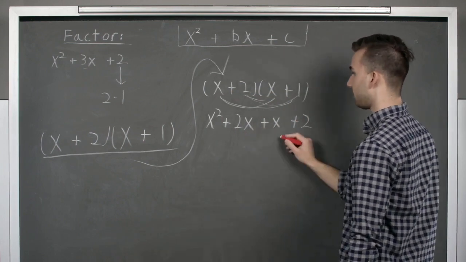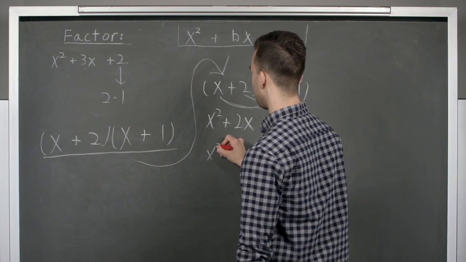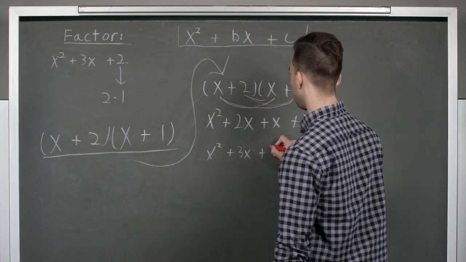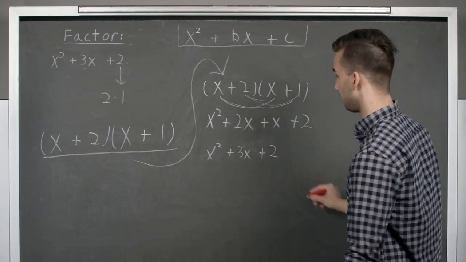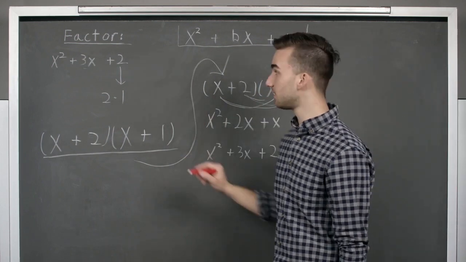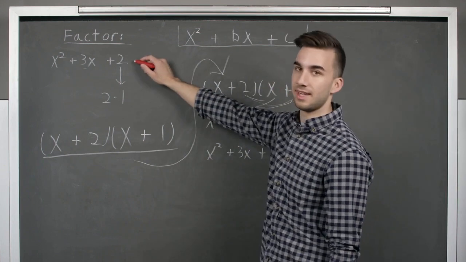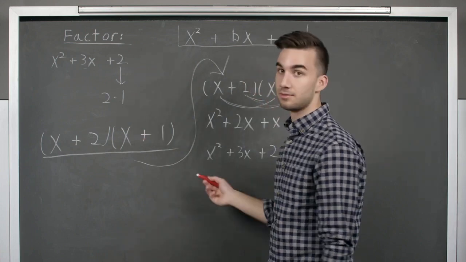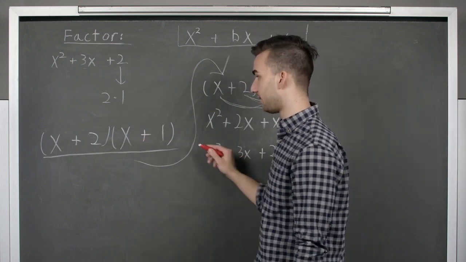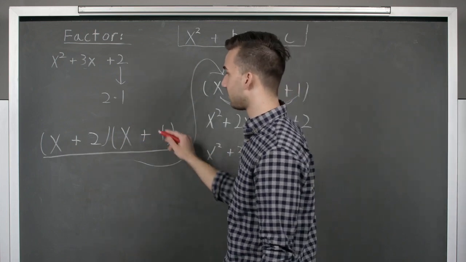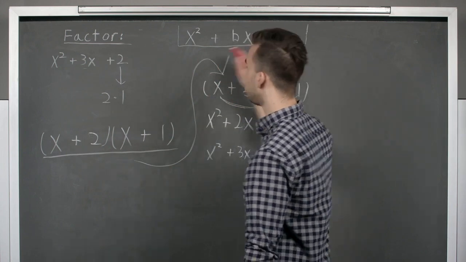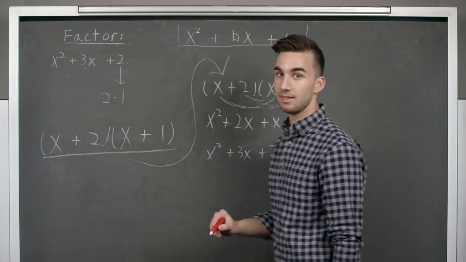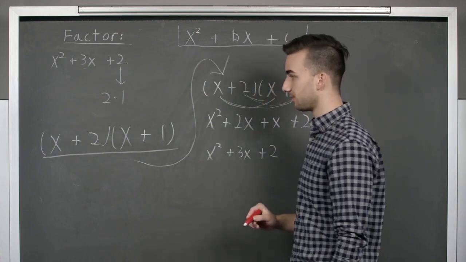Let's combine like terms, and that gives us x squared plus 3x plus 2, which gives us our original expression. So once again, we found all the factors of 2, and then we put the problem in a factored form that if we multiplied it back out, the factors would multiply to the c, and they would add up to the b. And that is how we factor trinomials that are not a perfect square.